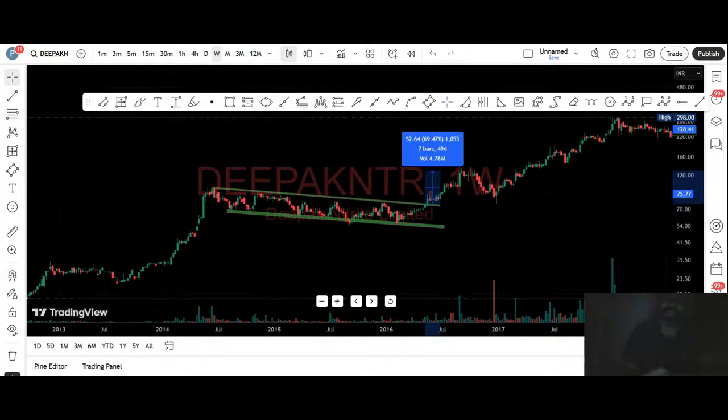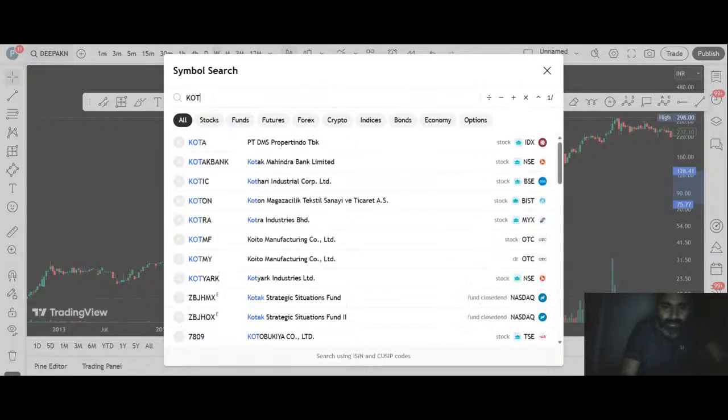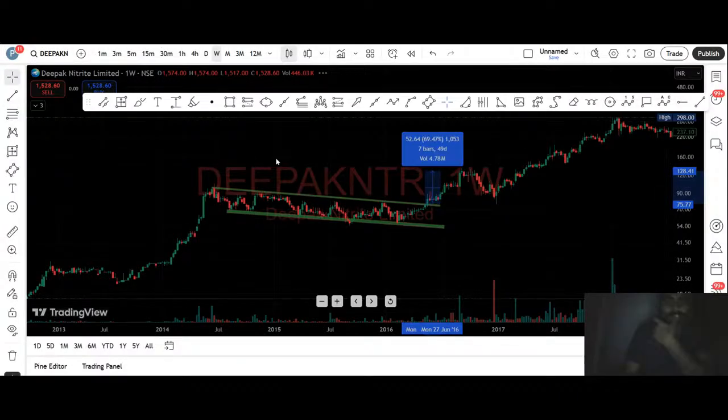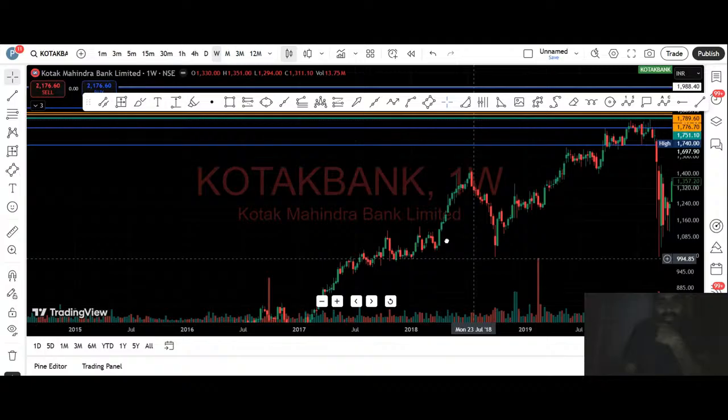There are many more examples, and I have another one called Kotak Mahindra Bank. See here.